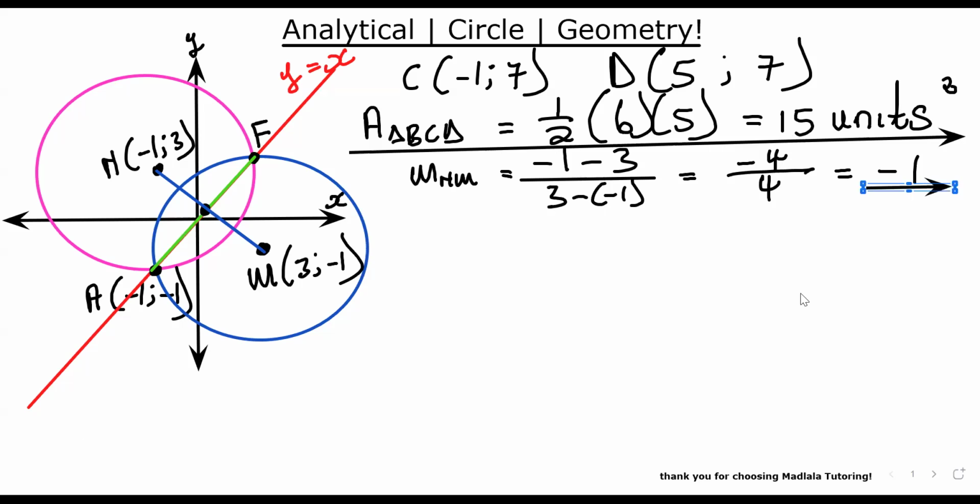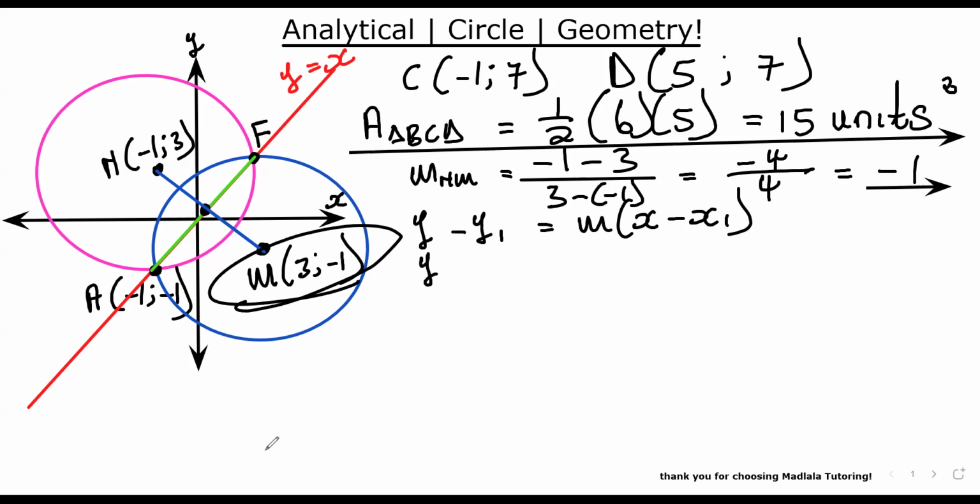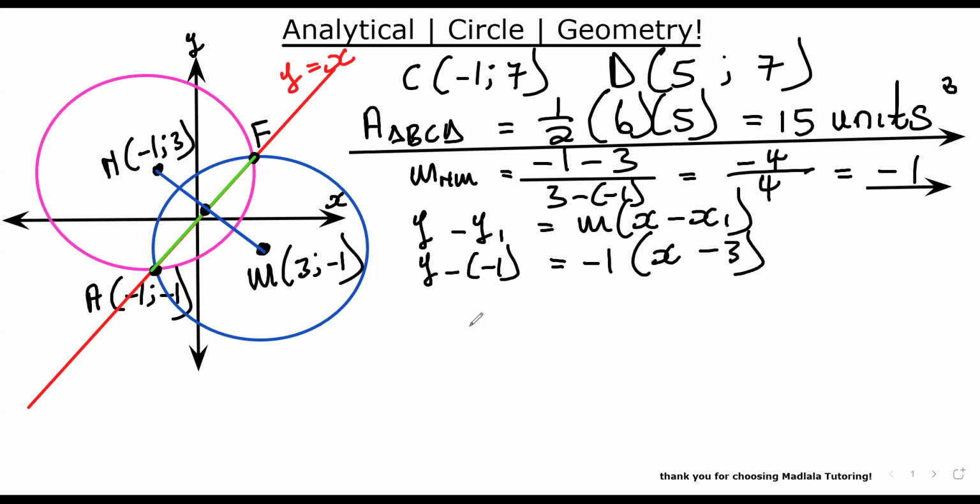Okay, fine, so what? So we know the value of the gradient, so we can just go to our slope point form, or you call it a point slope form. I'm not sure, but that's the name of this equation. So we can substitute either point N or point M. It's up to you. So let's use point M. So the y value is going to be -1, and this is what you have.